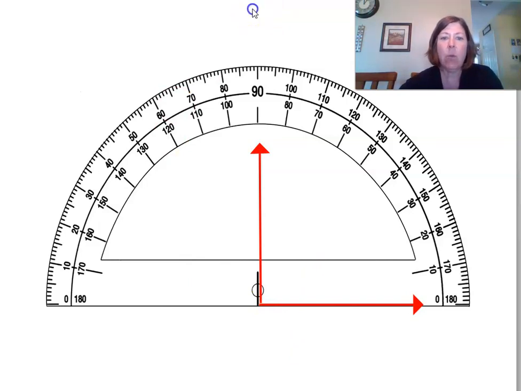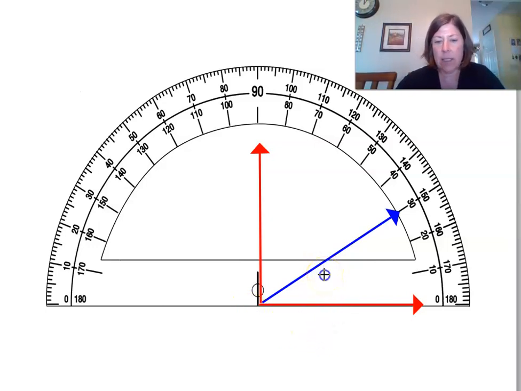But now what I want to do is I'm going to partition this right angle with another ray. So that means that now I have two angles making up the right angle.